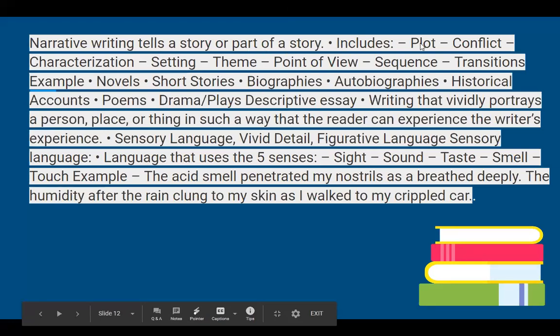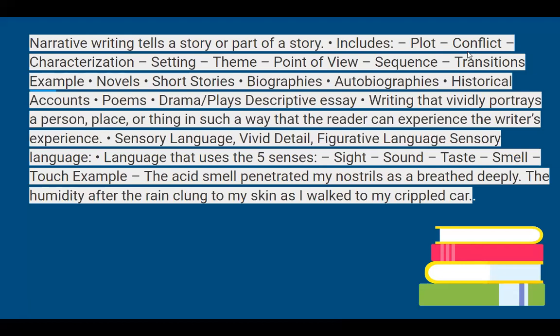It includes plot and conflict. Conflict is like a dichotomy or antithesis, like two conflicting points of view. Then there is characterization. Sometimes we create characters. Sometimes the author himself has his own persona, his own personality in his writing, and he narrates the story through the mouth, through the portrayal of a character.